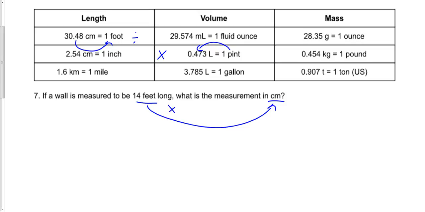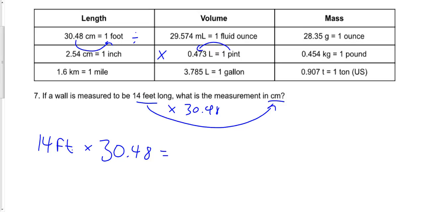Our conversion rate here is 30.48. So I'm going to take 14 feet and multiply that by the conversion rate of 30.48, and that's going to give me the number of centimeters that it makes up.